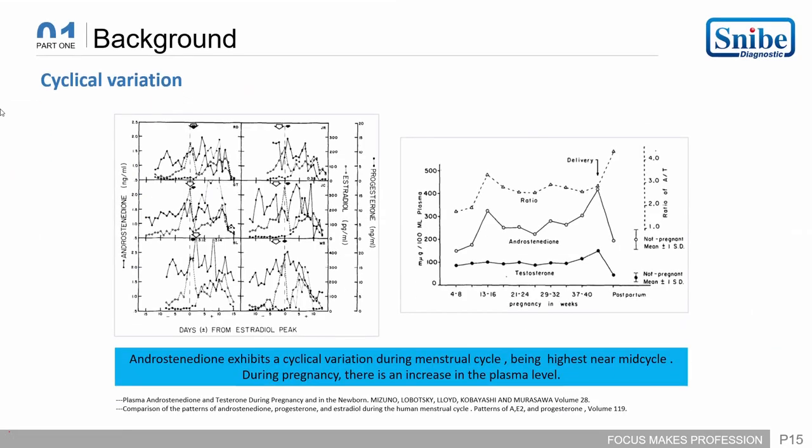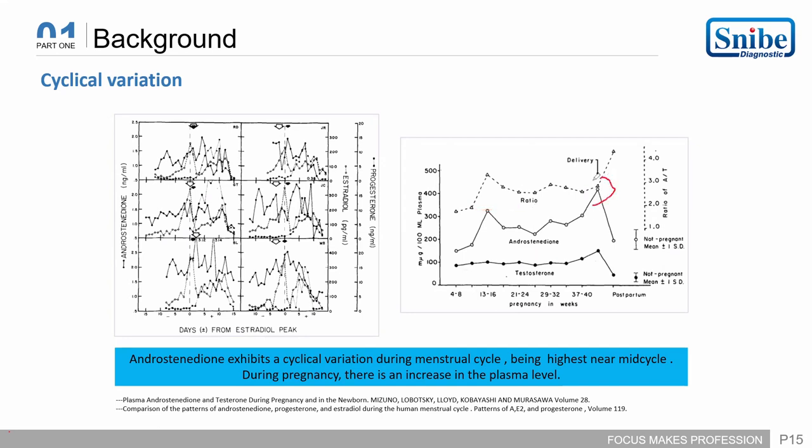If we talk about the cyclic variation, what is the cyclic variation? Androstenedione depends upon the days from the estradiol peaks in comparison with the estradiol levels. Androstenedione exhibits a cyclic variation: during the menstrual cycle it is highest near mid-cycle. You can see at the different weeks of pregnancy the testosterone level, androstenedione level, and the ratio.